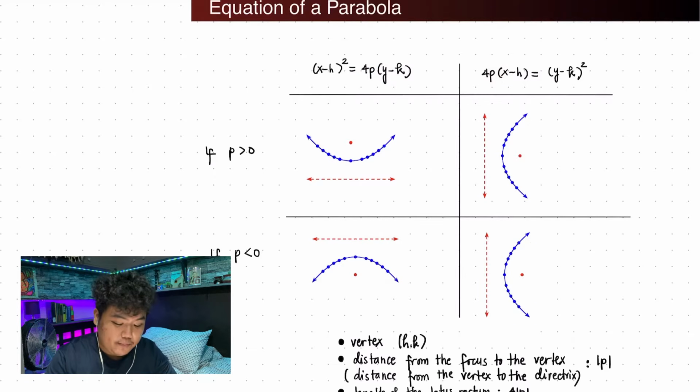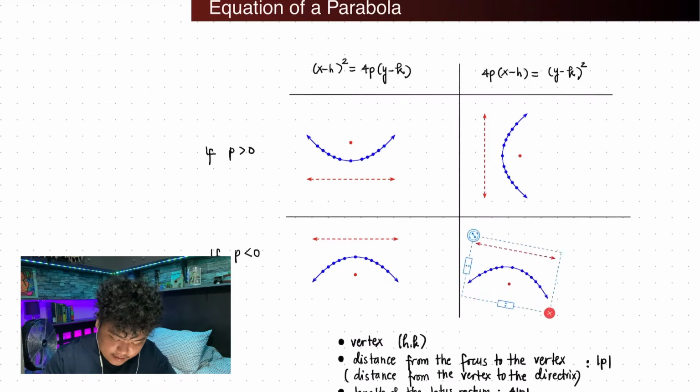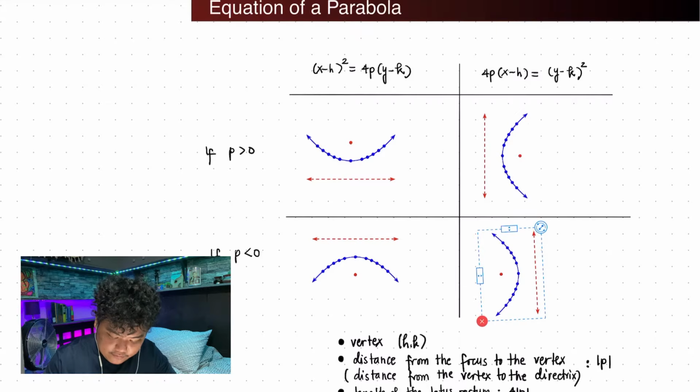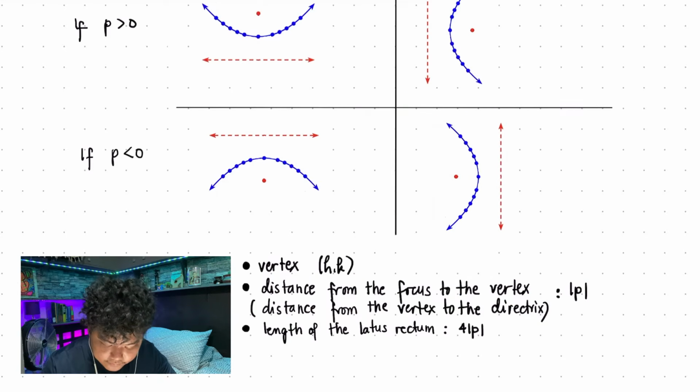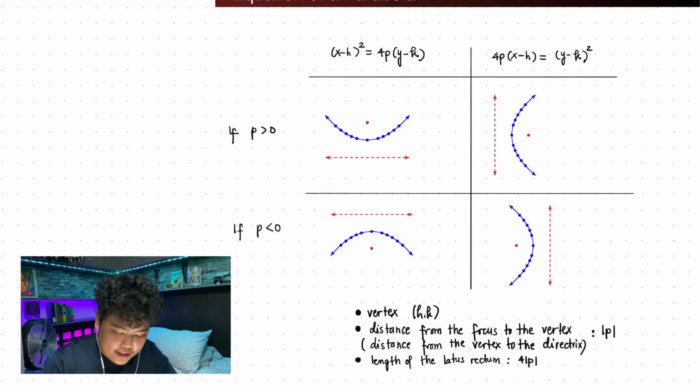So, tignan natin siya per column. So, for this equation, it will produce a parabola that either opens upward or downward. While this form, pag naka-square yung y, the parabola will open to the right or to the left. Baliktarin natin to. Okay, ayan. To the right or to the left. Ayan. Okay, so, ulit.